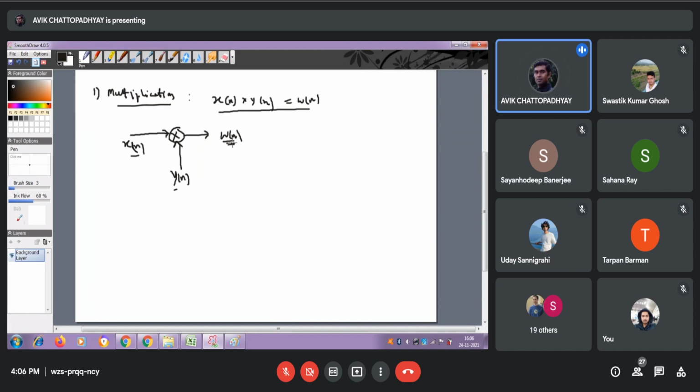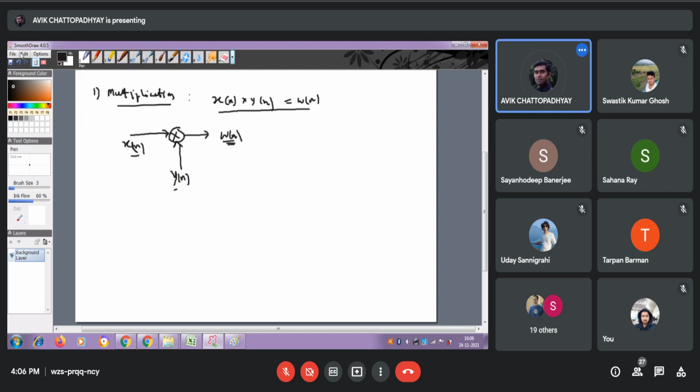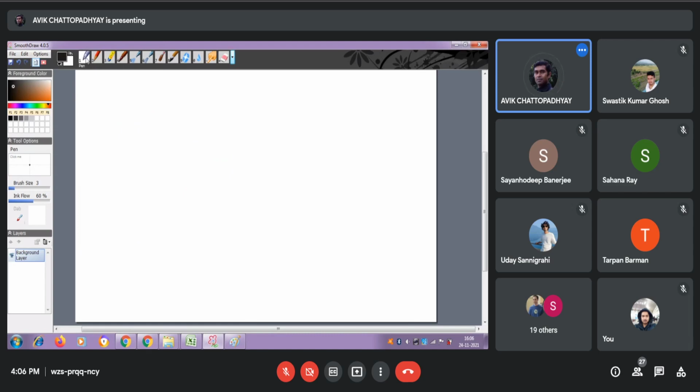Okay, multiplication. Then comes the second operation, addition or subtraction. So in short, I'm saying A or S, addition or subtraction. So it's the sum and difference, same kind of thing.